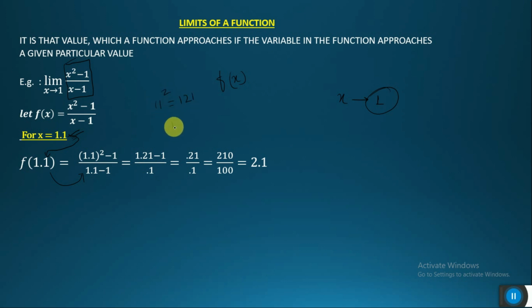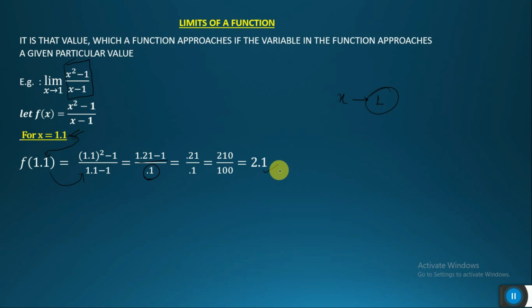So 1.1 square will be 11 by 10 whole square, which is 121 by 100, which gives 1.21. When you solve, you get the step 1.21 minus 1 divided by 0.1, and then for this point I have substituted 0 here, and this point I have given 2 zeros here, so ultimately I get 2.1.